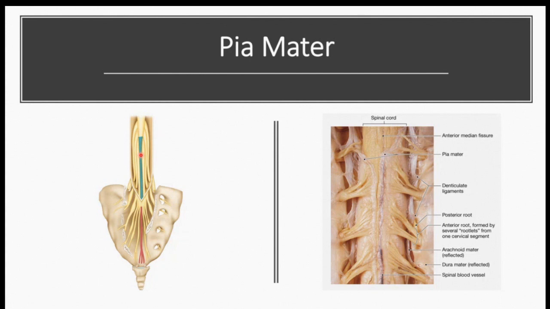There are two filum terminales, and this is usually unknown information for most doctors. The filum terminale interna is the one inside the dura, and then we have the dura itself, which condenses to form the filum terminale externa, which is attached to the sacrum. So this one is in continuation with the filum terminale externa.